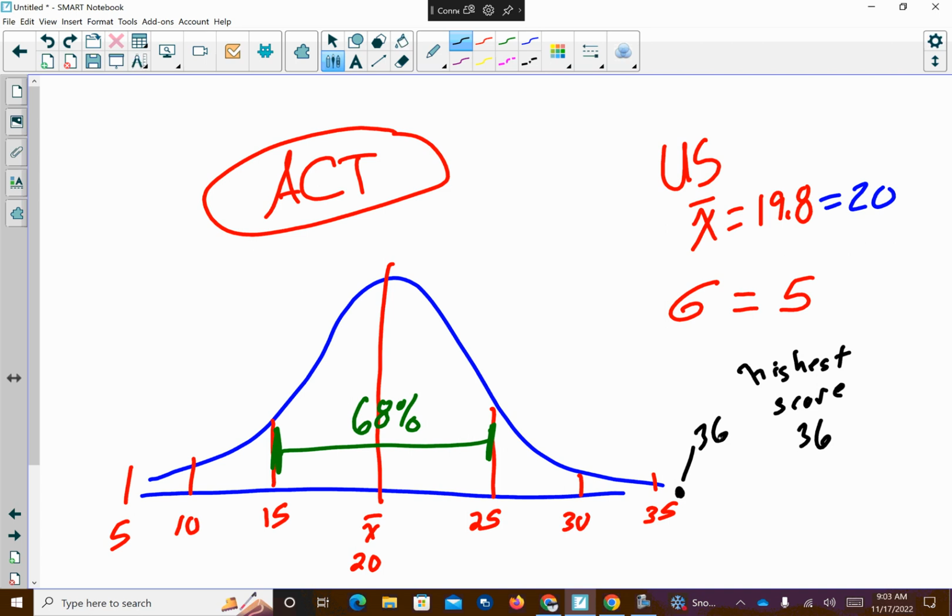Now, Creek a couple of years ago had like 23 students that got a 36. Okay, that's pretty good. There's not a whole lot of other schools that really can state that number.